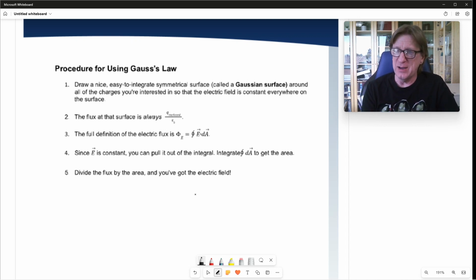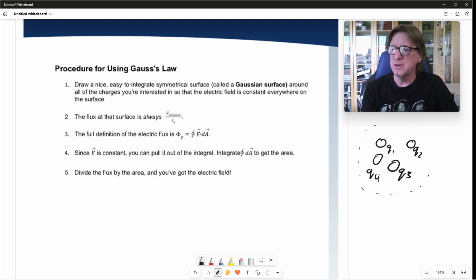So I might have something like, let's do our example here. We had Q1, we had Q2, and Q3, and maybe one over here is Q4. So what I would do then is draw a spherical Gaussian surface that covers that entire bit.